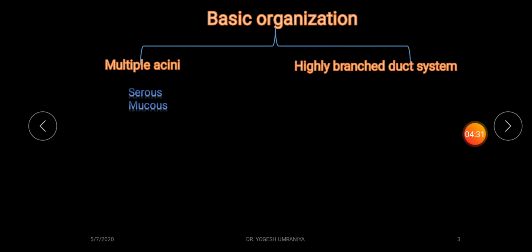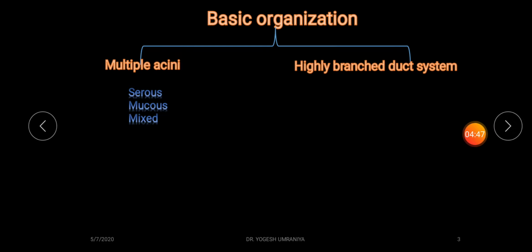Second one is the mucus acini, which has the light staining property under the HNE preparation. And third one is the mixed acini, which has both the serous as well as the mucus.